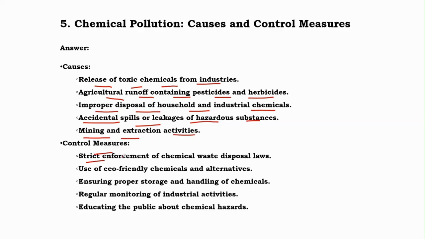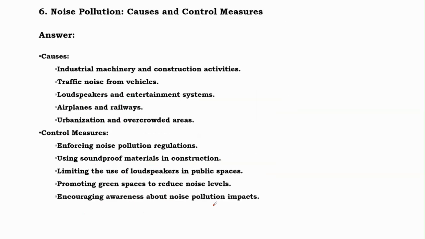Control: strict enforcement of chemical waste disposal laws, use of eco-friendly chemicals and alternatives, ensuring proper storage and handling of chemicals, regular monitoring of industrial activities, educating people about chemical hazards.